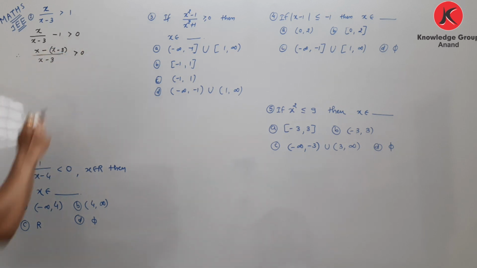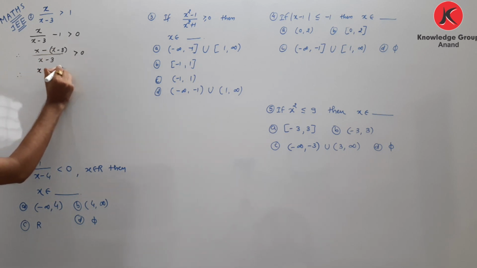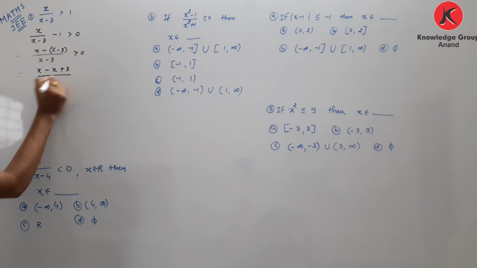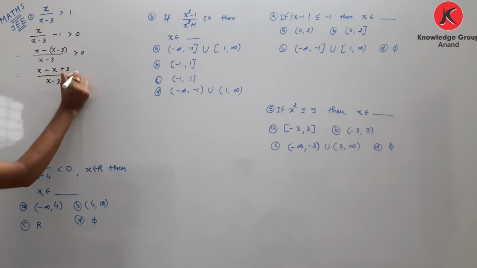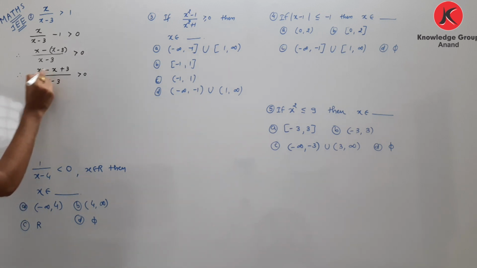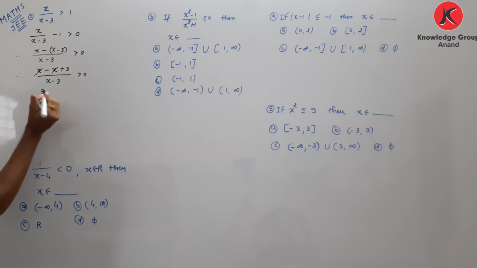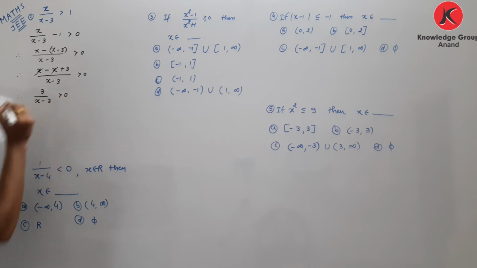Now remove this bracket. We are getting x minus x plus 3 divided by x minus 3 greater than 0. x minus x will be cancelled out. Therefore, I will get 3 upon x minus 3 greater than 0.